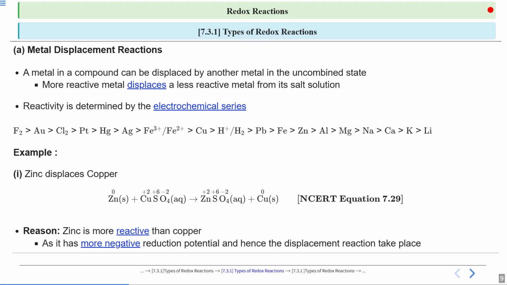Now consider the opposite reaction. That means if we are provided with copper and a solution of zinc sulfate, what will happen? Will the reaction take place? There is a question for you: if we consider the reaction between zinc sulfate and copper, will the reaction take place, or if the reaction would take place, then what would be the product?